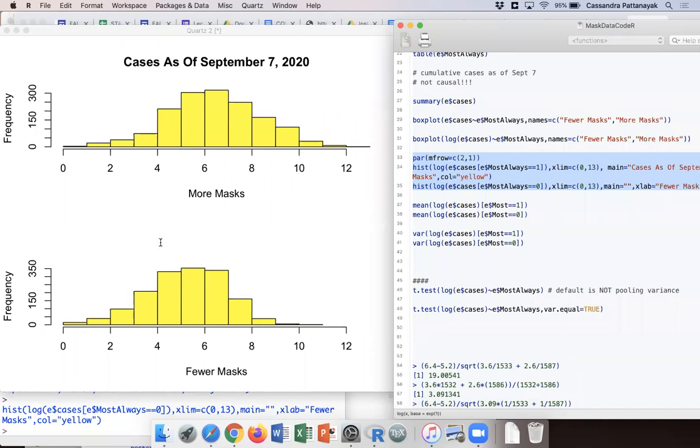Well, probably because there are mask laws or people are more afraid of COVID and realize they should wear masks in places that have more cases. Note also that the survey about masks was done in July, but the COVID data comes from January through September. So just because we see a correlation here doesn't mean that you should use this data to say wearing masks causes COVID. You know that, but I'm just reminding you of that.